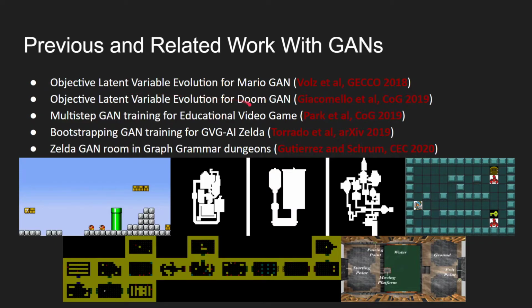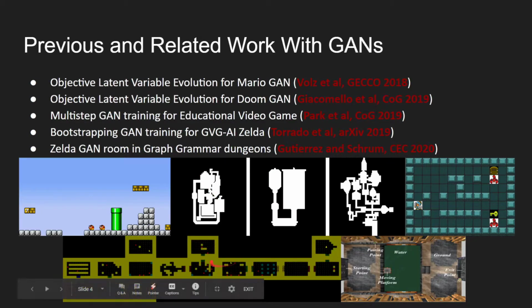Since then, others have done this with Doom, with an educational video game, with the general video game AI version of Zelda, shown here, and most recently, my student will be presenting at CEC this year on how to use a GAN to create the rooms for Zelda and then combine them using a graph grammar.